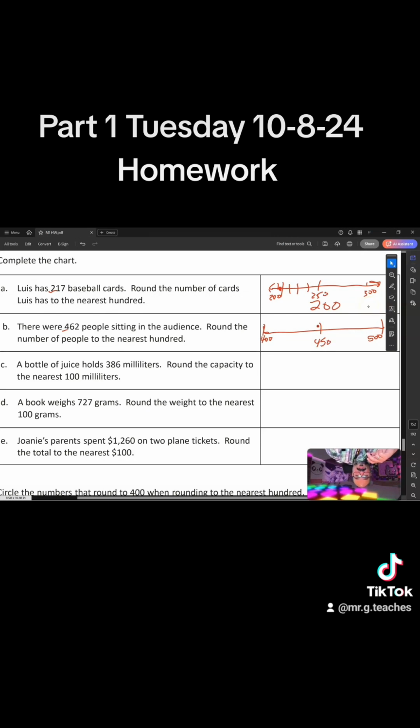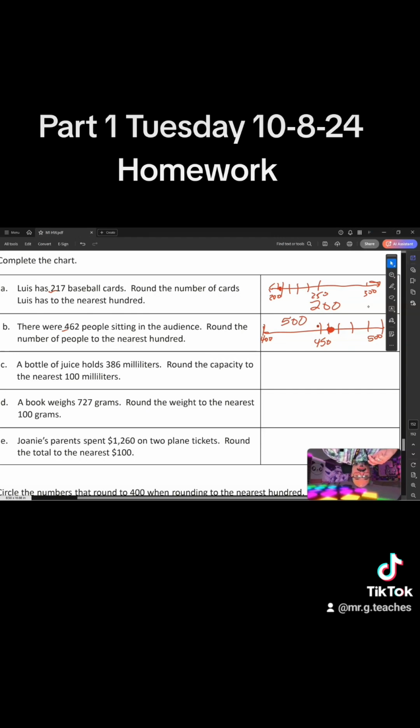We need 462. So 450, 460, 470, 480, 490, 500. So 462 would be right here. So is that greater or less than half? It is greater, so we round up to 500.